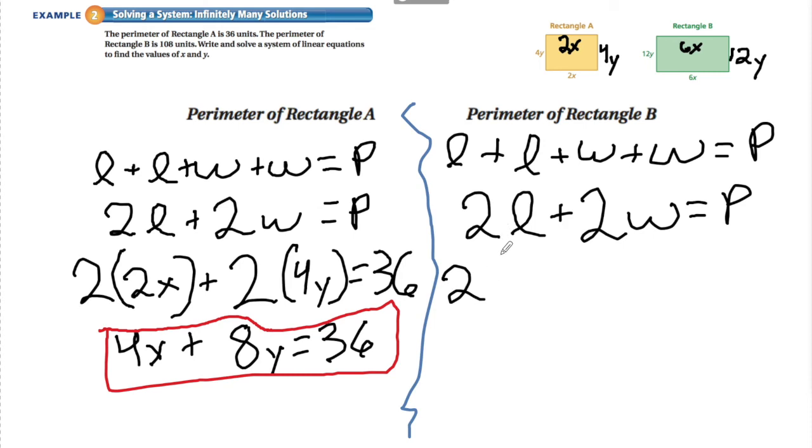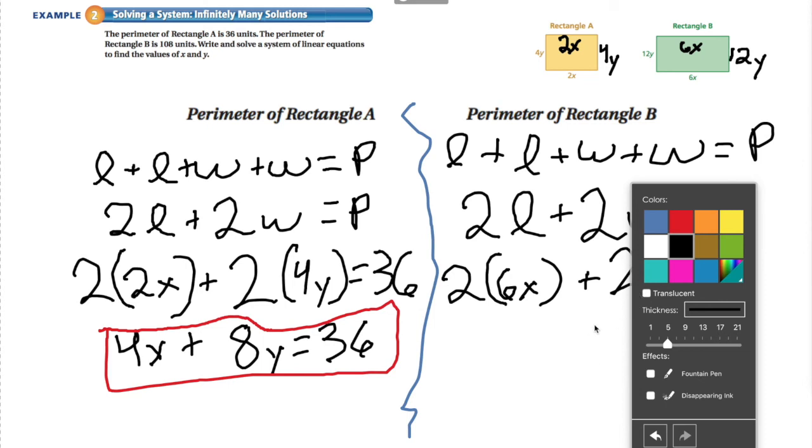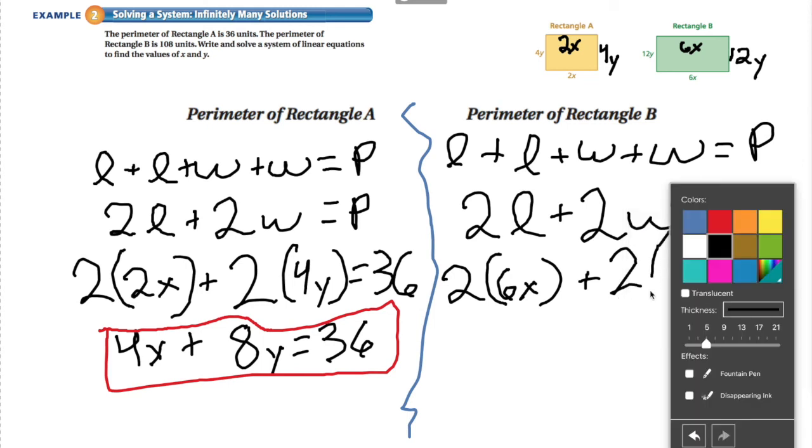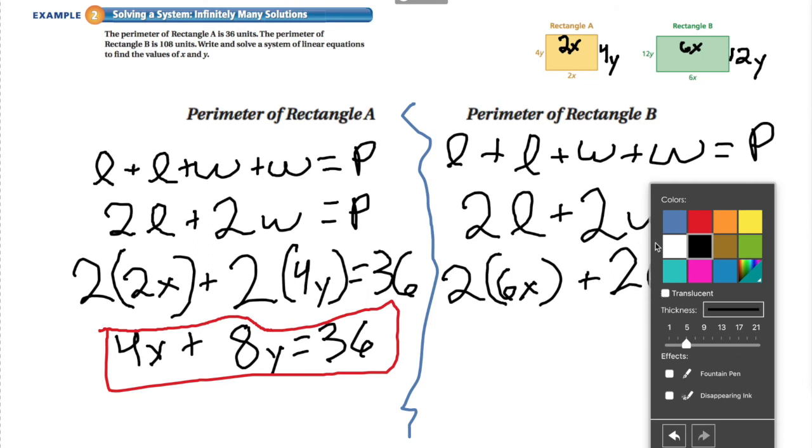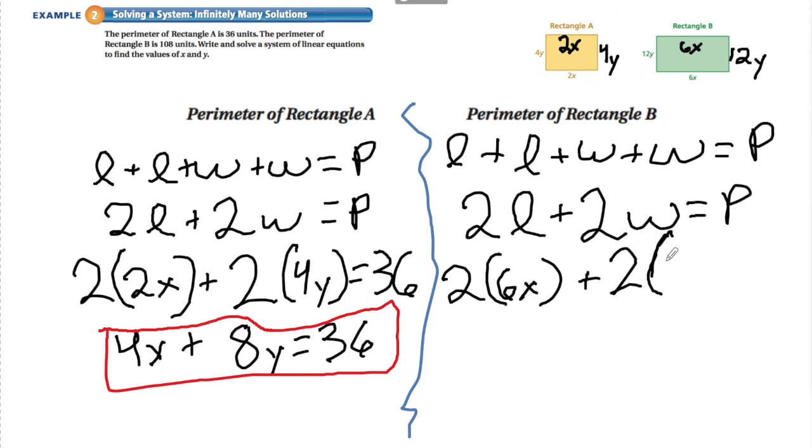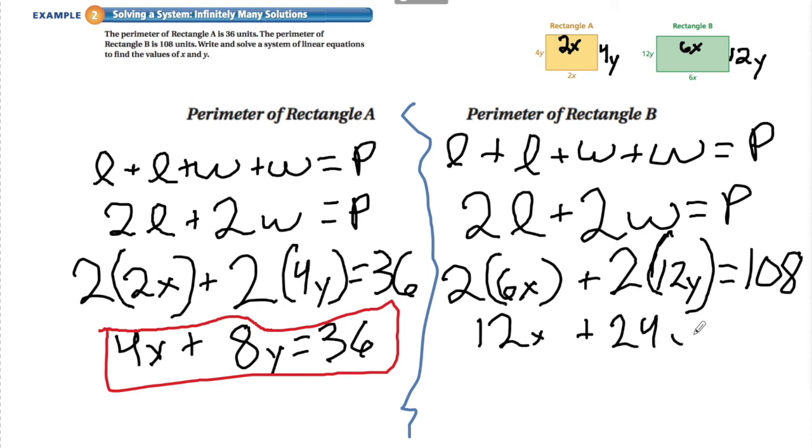We have 2 times our length, which is 6x, plus 2 times 12y equals our perimeter, which is 108. 2 times 6x is 12x, plus 2 times 12y is 24y, and that is equal to 108.